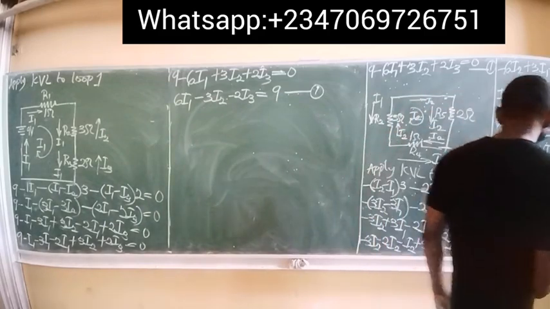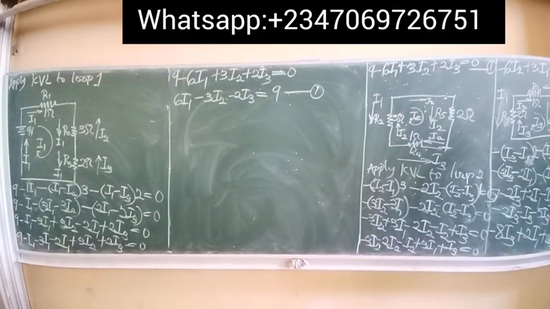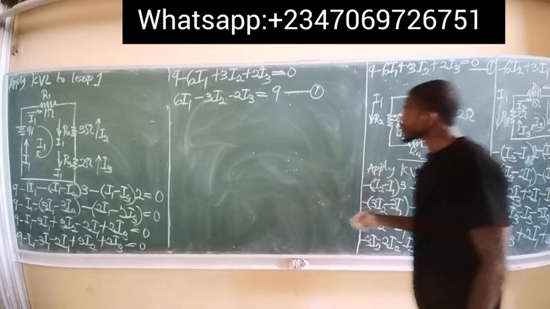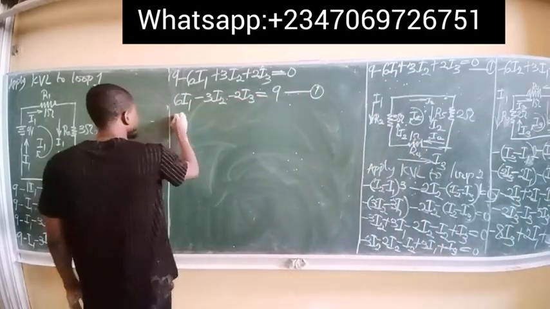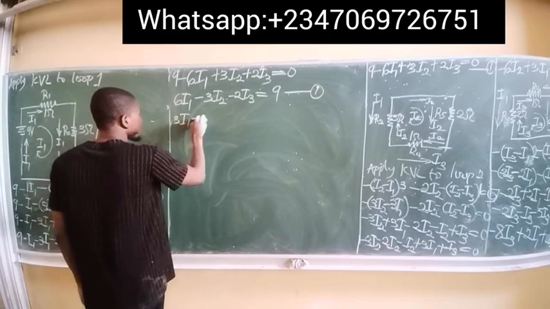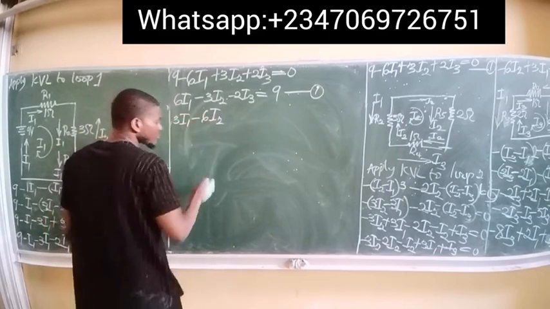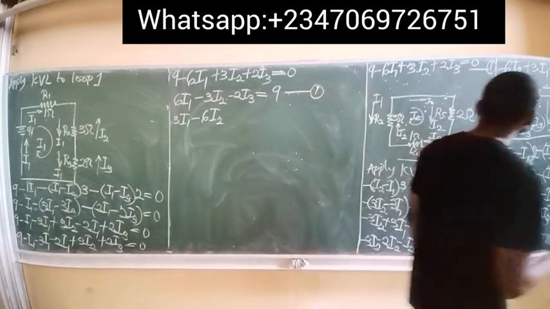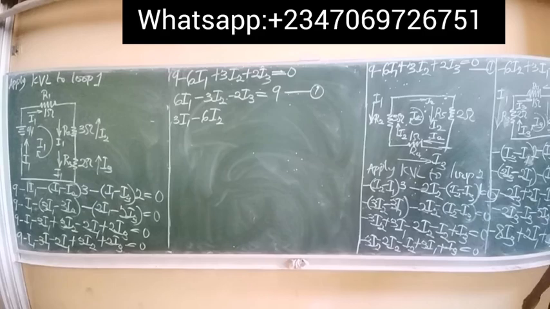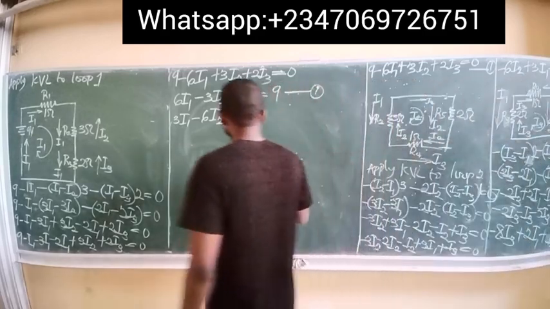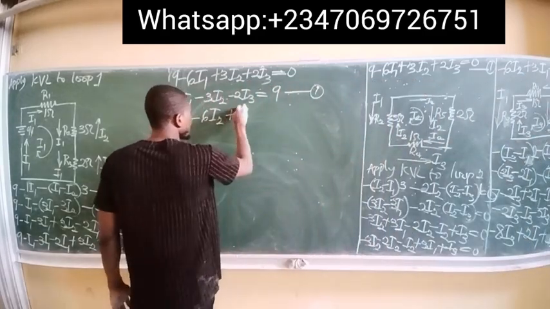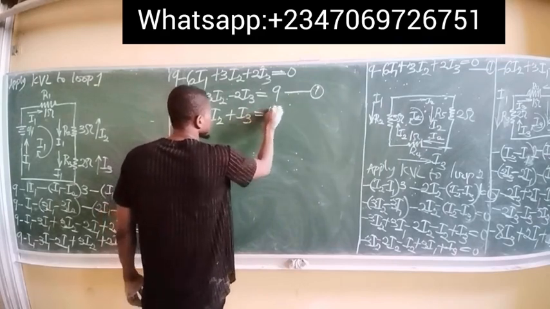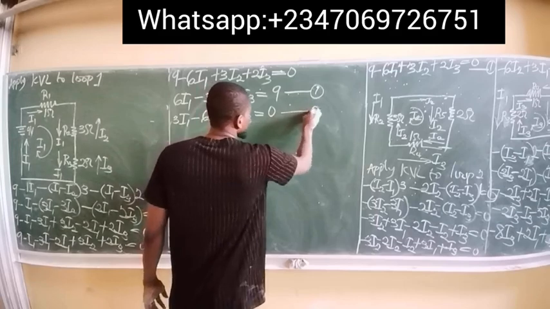Also for equation 2, let's write it in terms of I1, I2, and I3. I1 comes first, so I will simply have 3I1 minus 6I2 plus I3 equals 0. That's equation 2.